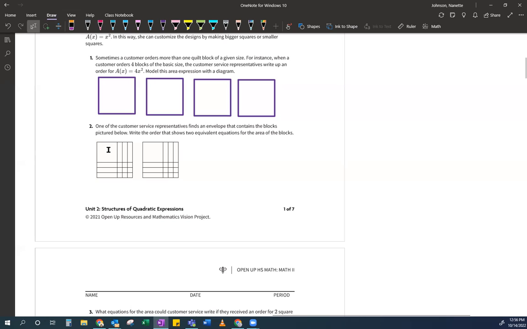So for sure, I have these 2 big x squares. Oh, okay.